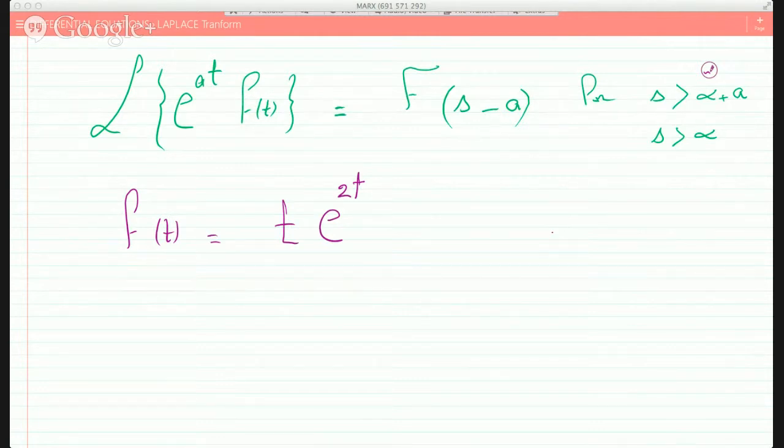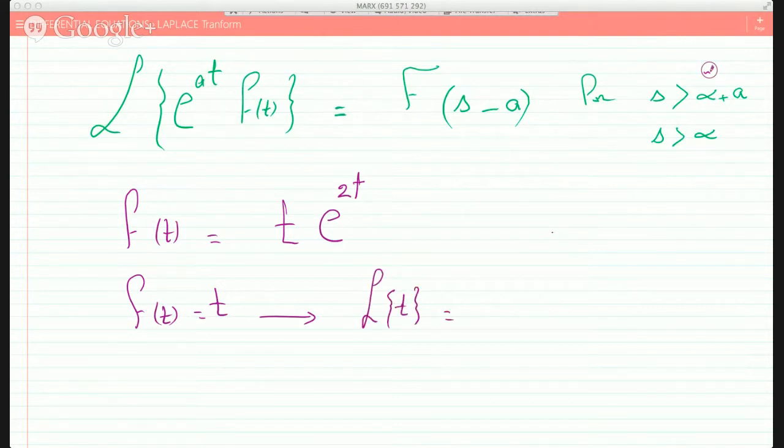So as soon as you see an exponential, you know that this is a Laplace that is shifted. Yeah. So your f of t here is just the t. And you can easily figure out what Laplace of this is.